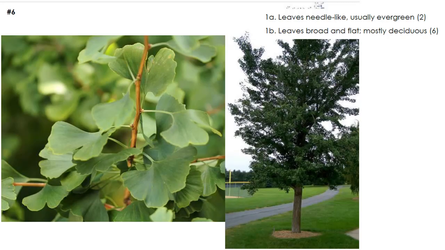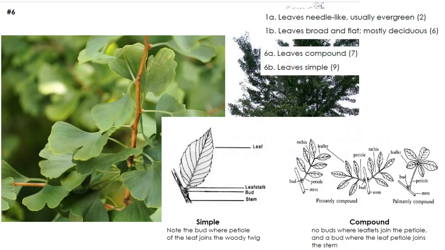Let's do number 6. Again, we start with leaves needle-like, usually evergreen, go to 2, leaves broad and flat, mostly deciduous, go to 6. So this one is leaves broad and flat, mostly deciduous. We're going to 9.